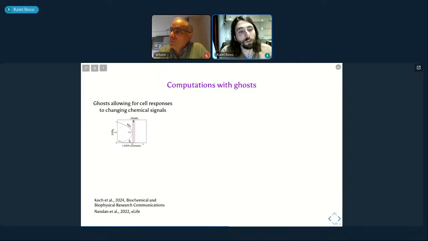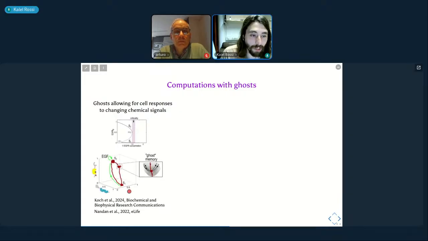You remove the pulse, the state space goes back to this region here with the ghost, and the trajectory has to go from the attractor, S2, through the ghost before converging to the basal state. And this ghost is a ghost of the high activity state, so it corresponds to the cell moving towards that direction, but only for a certain amount of time, right? So it has this dynamic memory of the signal.